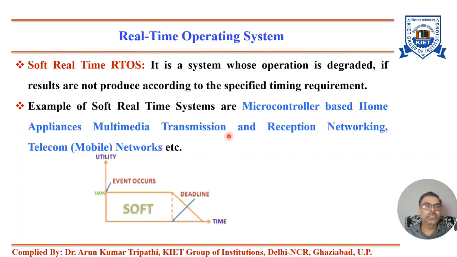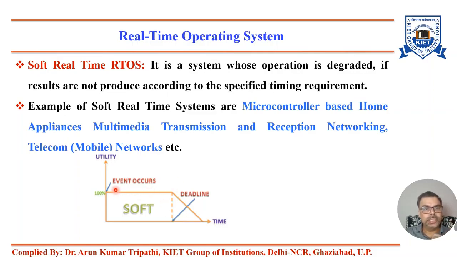While in case of a soft real-time system, it is a system whose operation is degraded if the result is not produced according to the specific timing requirement. Meaning the output will not be as it should. For example, microcontroller based home appliances, multimedia transmission and reception, networking, telecommunication, mobile network, etc. So time matters, but a certain amount of delay does not affect much.